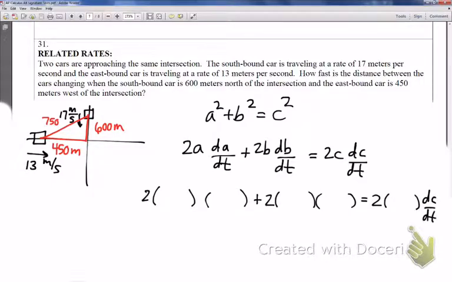Let's fill in A, B, and C first. I know that A is 450, B is 600, C is 750. And then I know that the rate at which A is changing is 13 meters per second, and the rate at which B is changing is 17 meters per second.